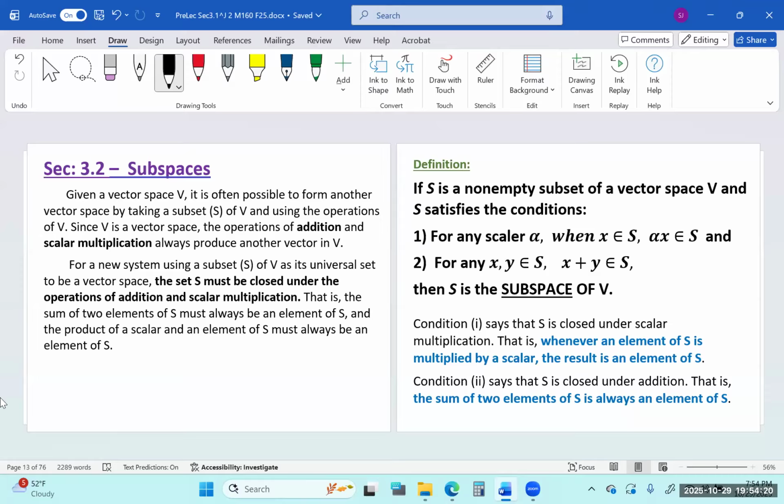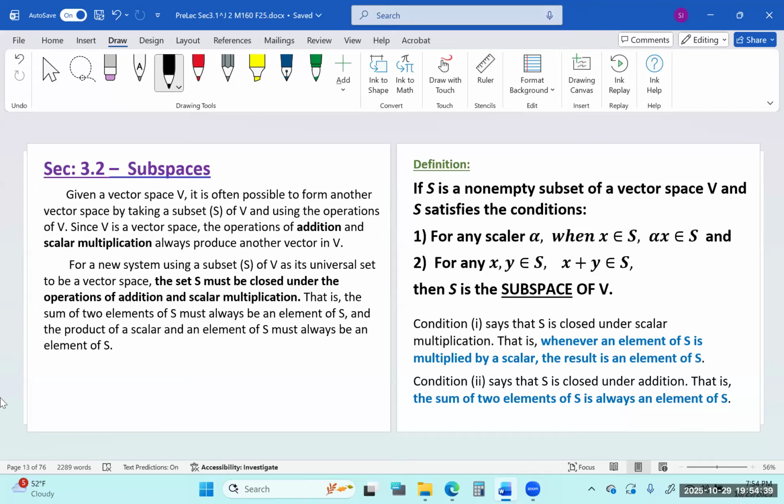In order to be a subspace, the first condition is that it has to be non-empty. It has to have at least something. So we say, well, 0 is something, so we can have 0 in the subset.